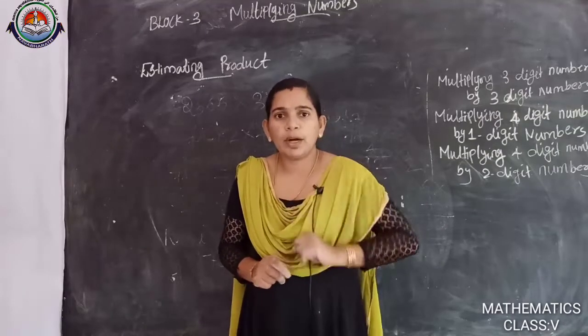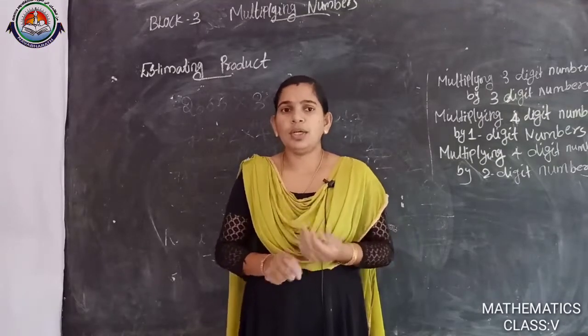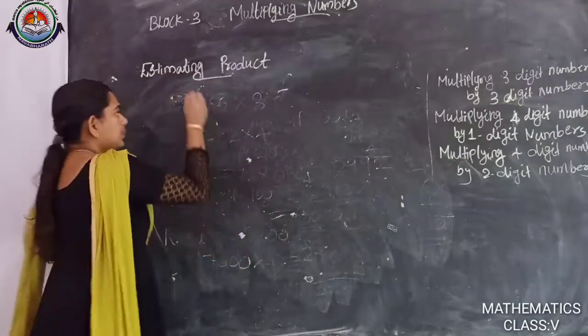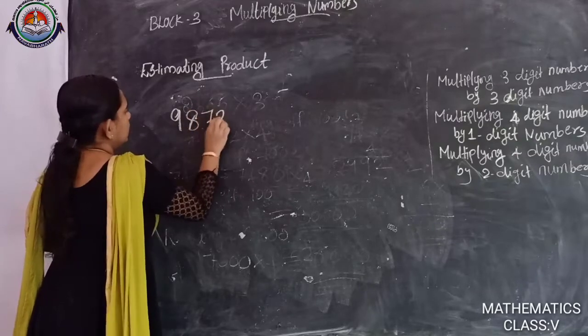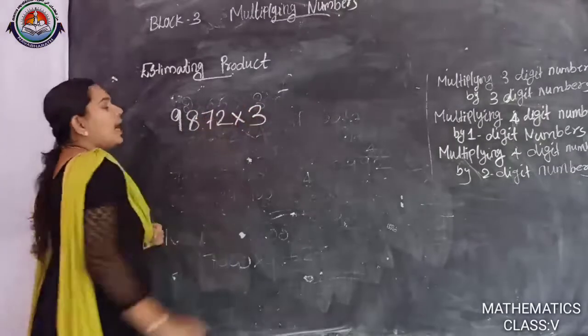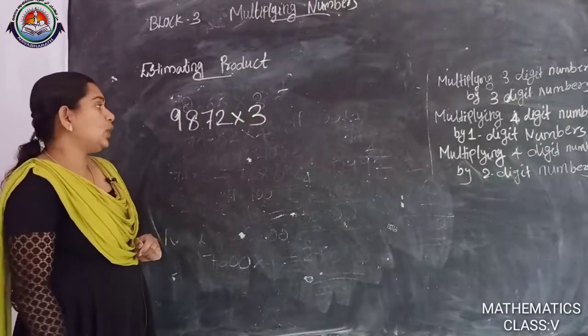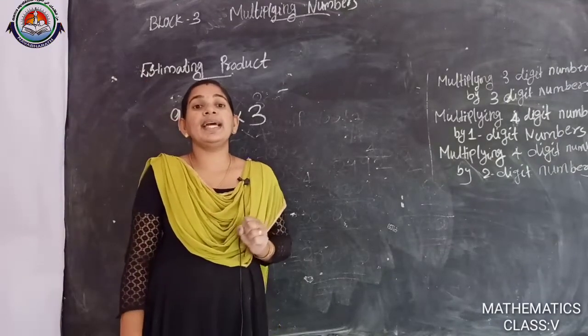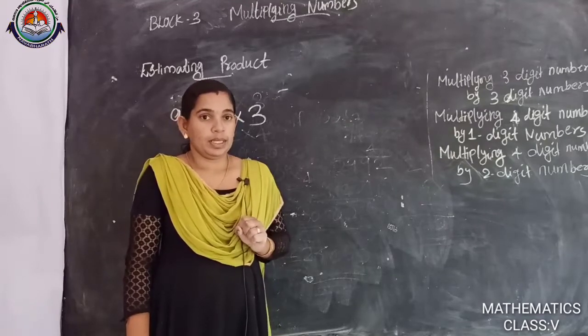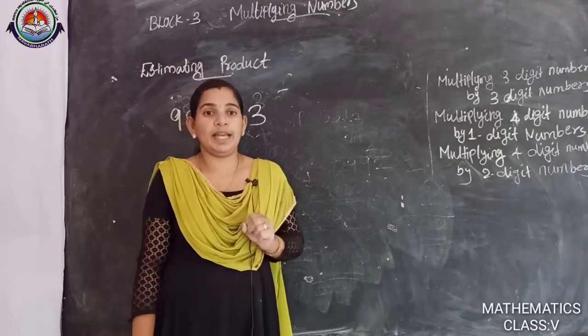Okay. We will do one problem. Are you doing it alone? 9,872 into 3. Round off to the highest place.